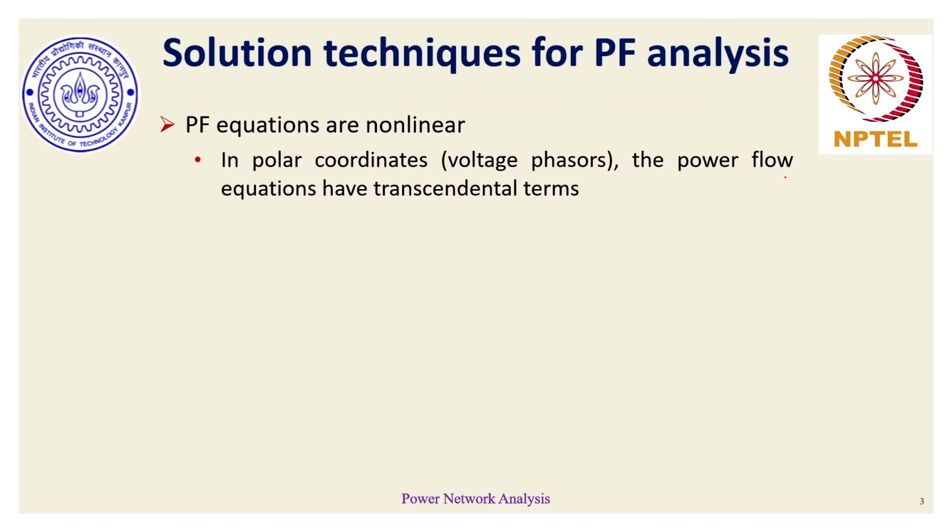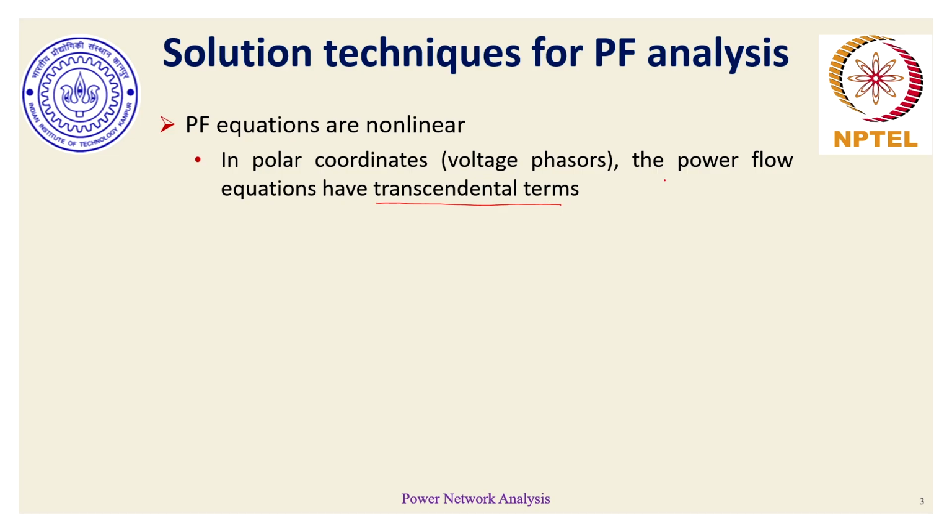So what we understood in the previous lecture is that the power flow equations are nonlinear equations. In fact, when we choose the polar version of coordinates for voltage phasors, the power flow equations have transcendental terms. What are these transcendental terms?